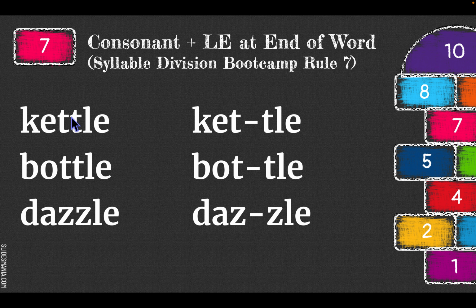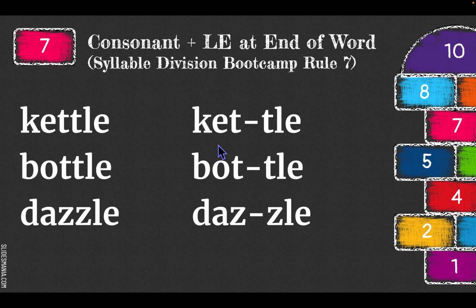Let's divide these words 3 letters from the end. These syllables have a vowel in the middle, so we will try the vowel short sound. Short E. Kettle, bottle, dazzle.